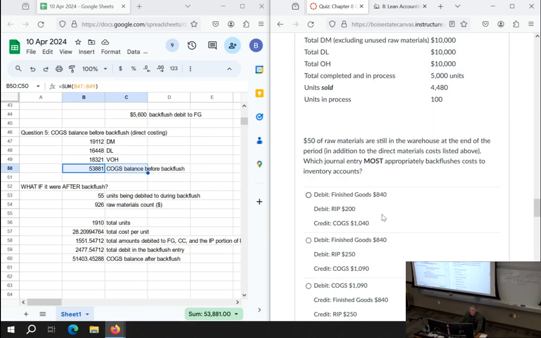There's no conversion cost inventory account because conversion costs are not inventoriable. No direct labor, no variable overhead, or any kind of overhead is inventoriable under this system. So we are debiting finished goods and RIP. That's it. And they're both just going to be debited based on the direct materials rate. And RIP also includes, if we have a raw materials number, the portion for RIP.